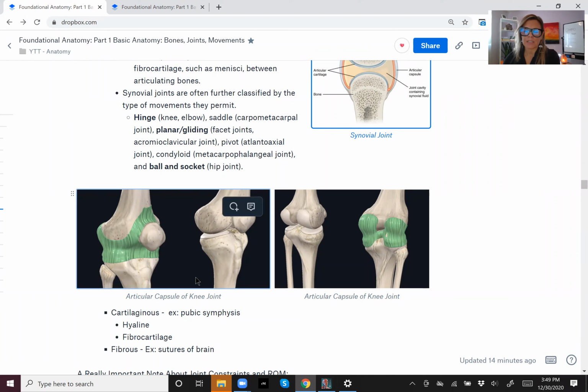And then the other types of joints are cartilaginous joints and fibrous joints. An example of a cartilaginous joint is the pubic symphysis, which is a joint that connects the two hip bones together. We'll see that later. And then fibrous joints are the type of joints that are in the skull.